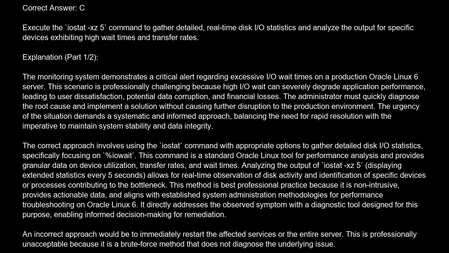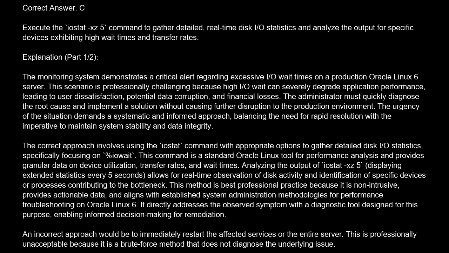The correct approach involves using the iostat command with appropriate options to gather detailed disk I/O statistics, specifically focusing on %iowait. This command is a standard Oracle Linux tool for performance analysis and provides granular data on device utilization, transfer rates, and wait times. Analyzing the output of iostat -xz 5, displaying extended statistics every 5 seconds, allows for real-time observation of disk activity and identification of specific devices or processes contributing to the bottleneck.